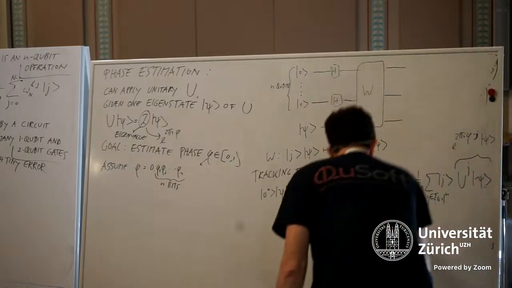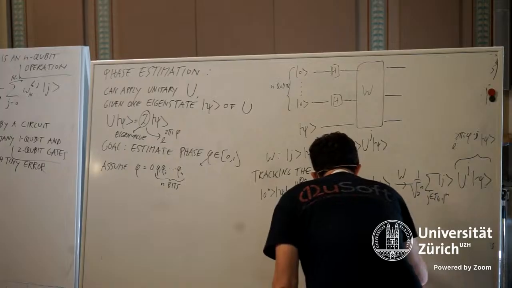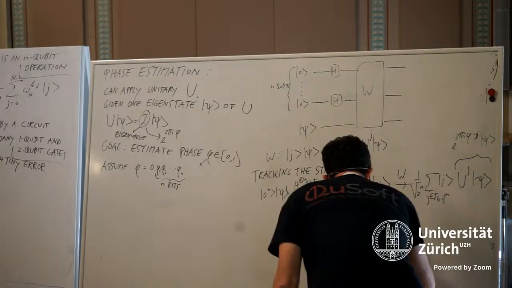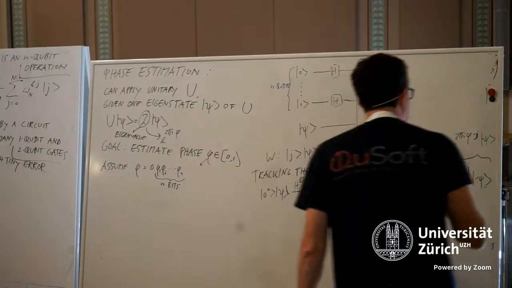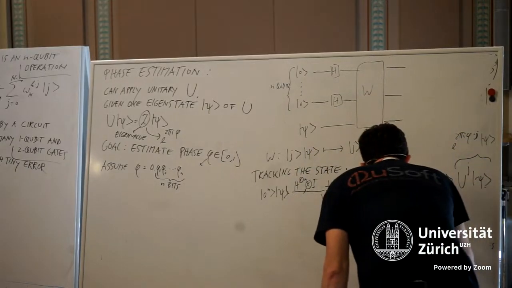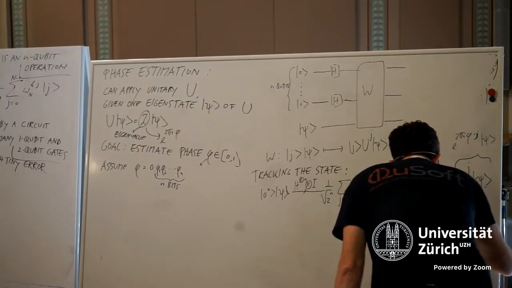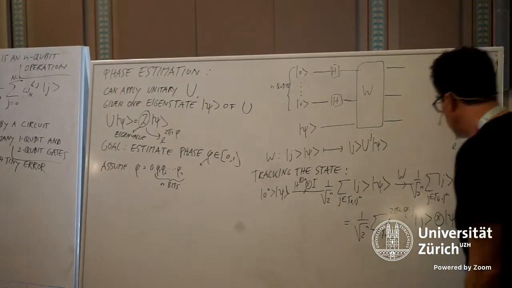So I can write the state as 1 over square root 2 to the n, sum over all j's, e to the 2 pi i phi j, ket j, and then tensored with psi in the second register. And this is an interesting state here.